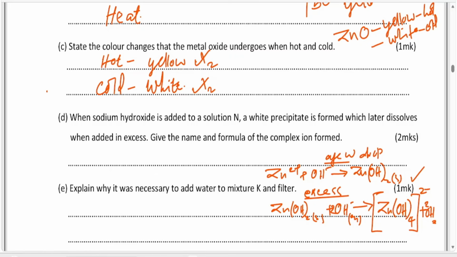So the complex salt that we are being asked to give the formula and the name for is zinc tetrahydroxyl, or we can also call it zincate. So I can start by writing the formula.